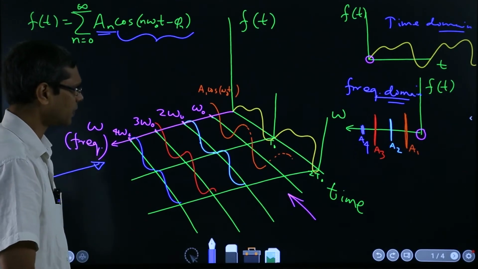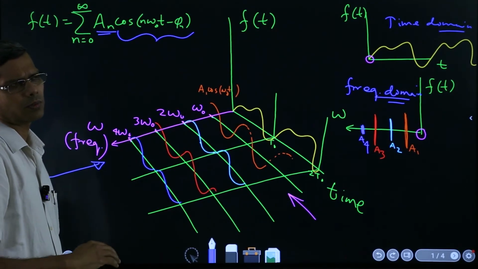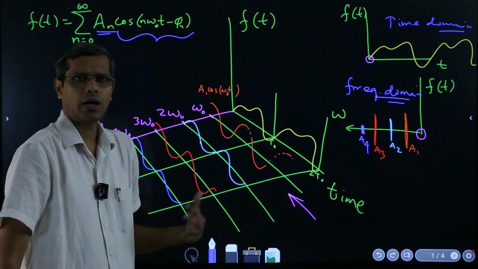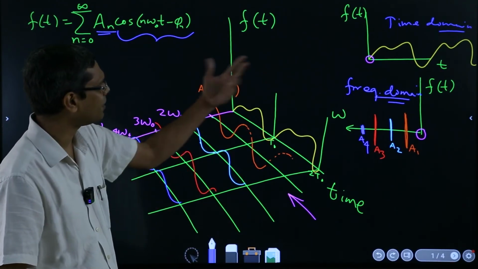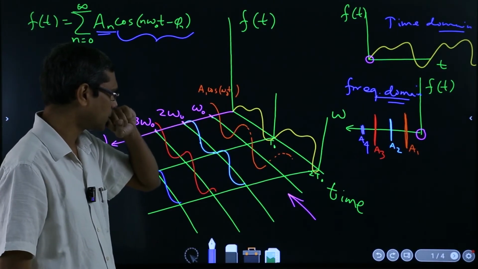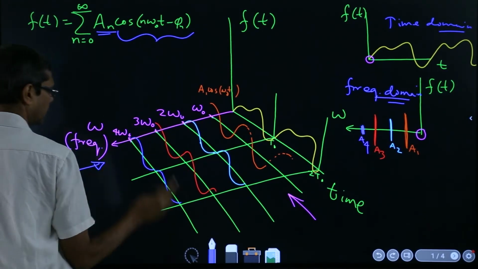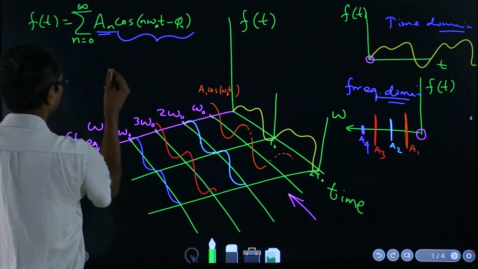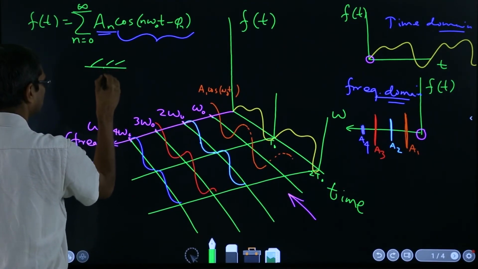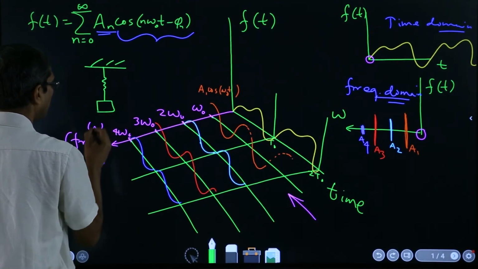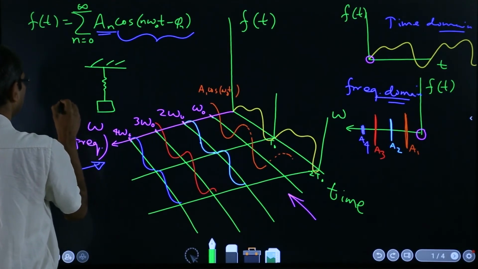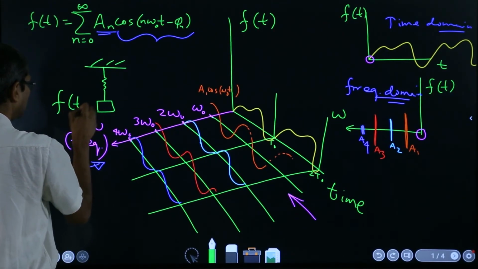And when somebody asks how you think in the time domain, let's take the example of the same simple case, a spring and mass, and you are applying say f of t.